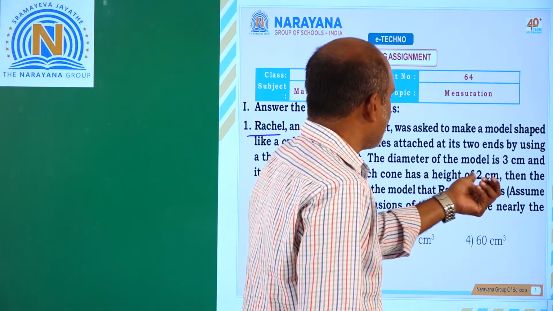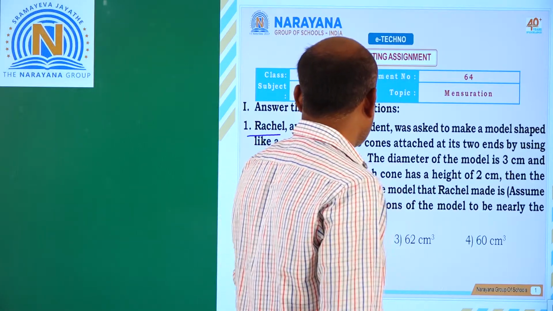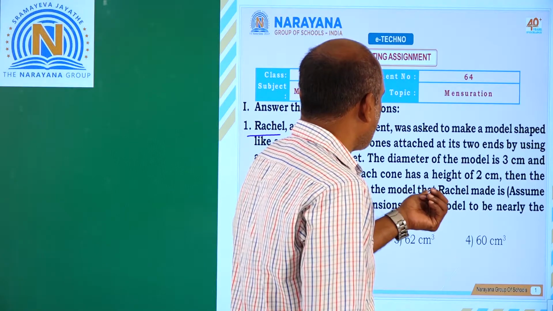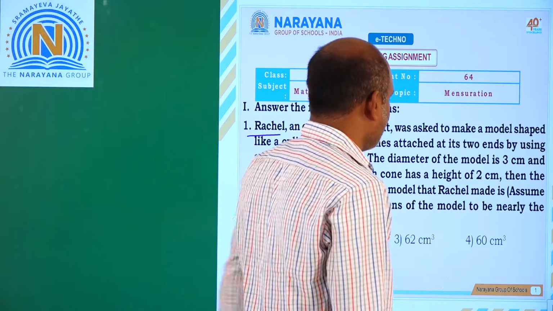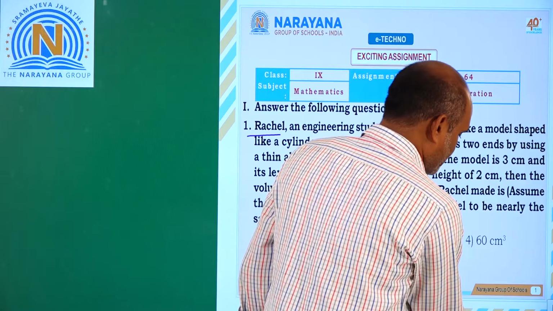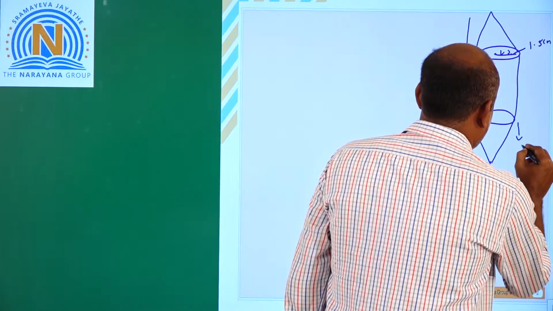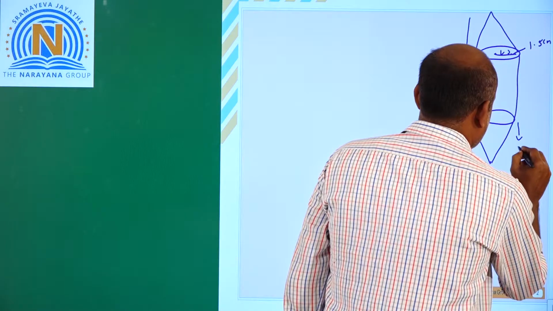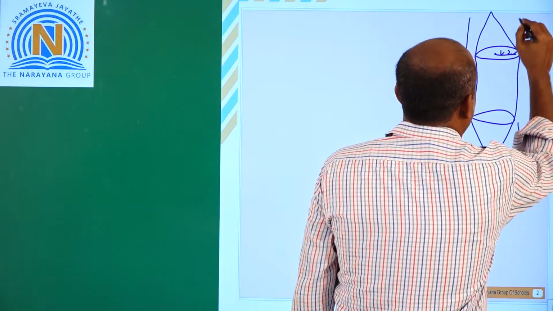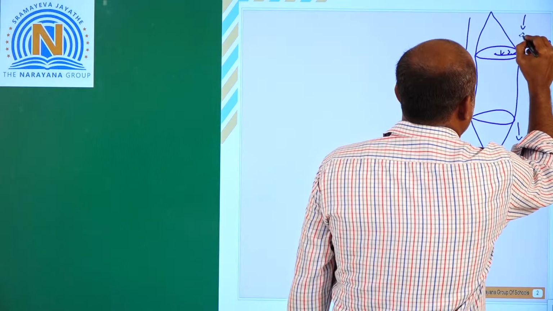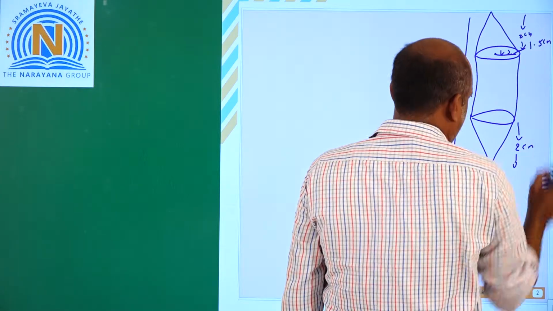If each cone has height 2 centimeters, then the volume of air contained in the model that Rachel made is asked. The height of each cone is given as 2 centimeters.